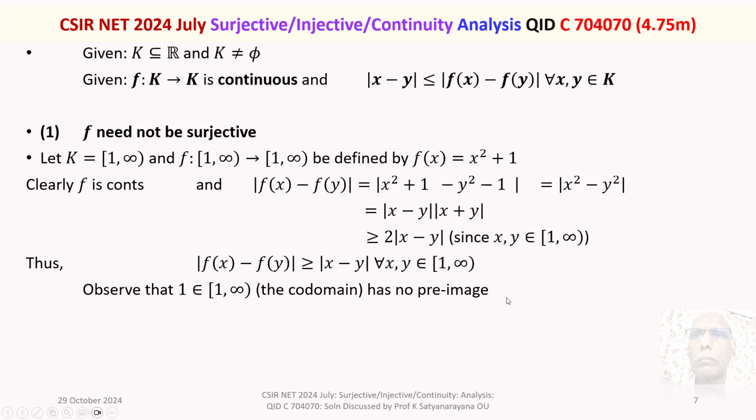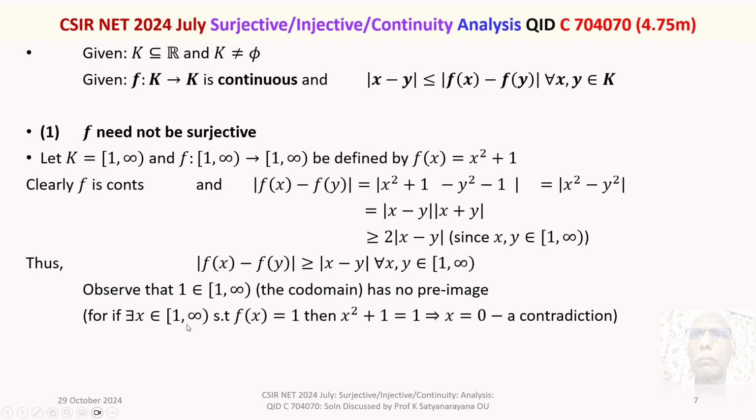How do we say? For if there is a pre-image, say x belongs to the semi-closed interval 1 to infinity, which is the domain, such that f of x is equal to 1. That implies x square plus 1 is equal to 1. That implies x is equal to 0. Is 0 an element of 1 to infinity?